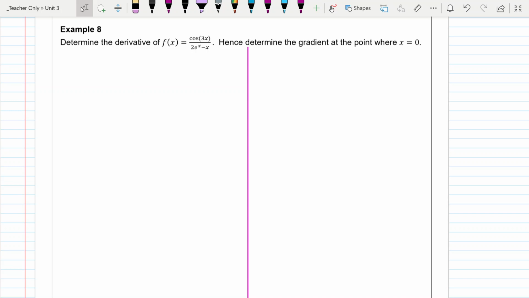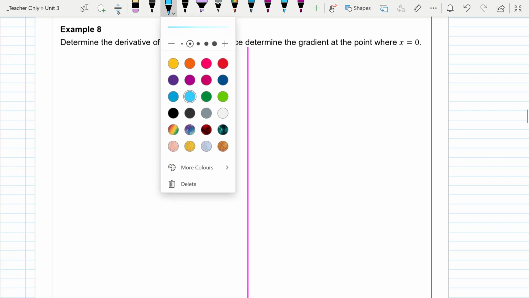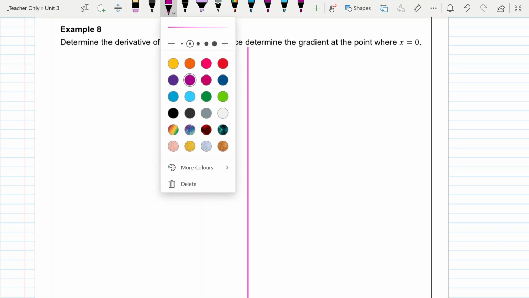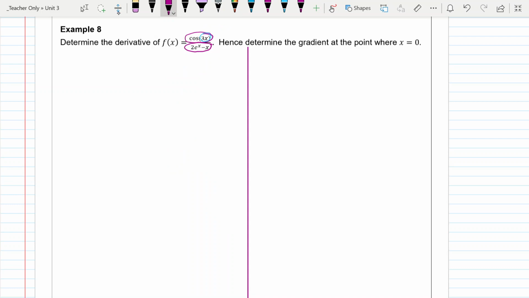Okay, so again I have a quotient rule because I have a division, but at the same time I have a chain rule as well. Remember to always quote both the chain rule and the quotient rule. So we have f of x equals cos 3x over 2e to the x take x.